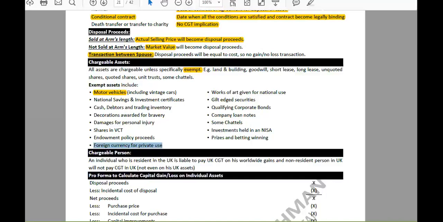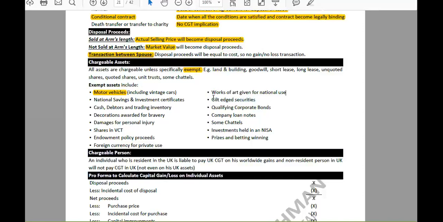So all the current assets are exempt in capital gains tax. Work of art for national use. For example, if you draw a portrait of your national hero, or something for a national event, any work of art for national use will be exempt. Gilt-edged securities, students, this is another type of debt, another type of bond, so it will be exempt as well.